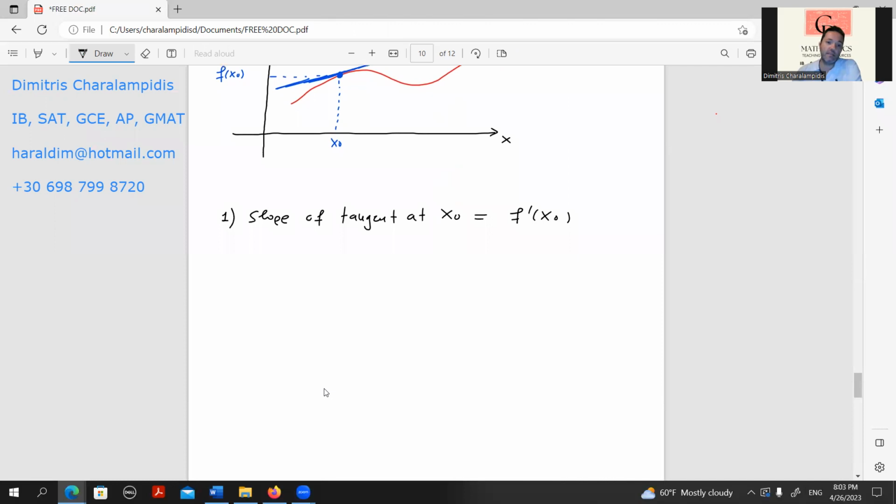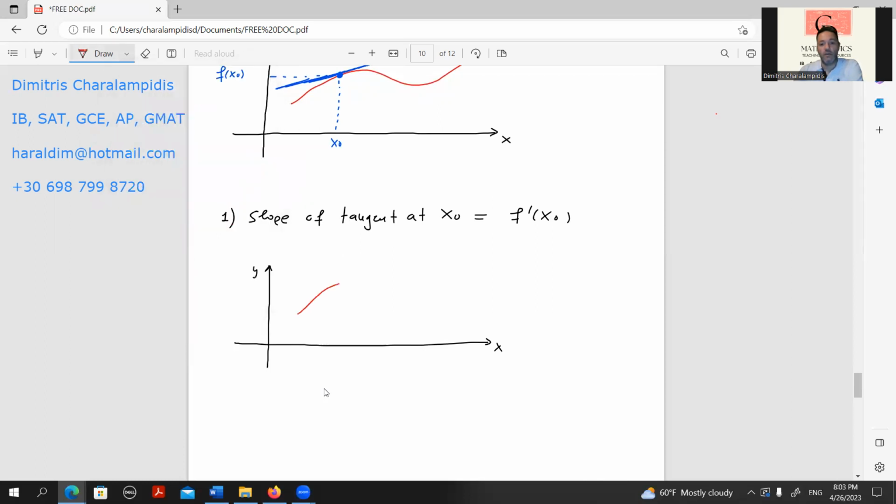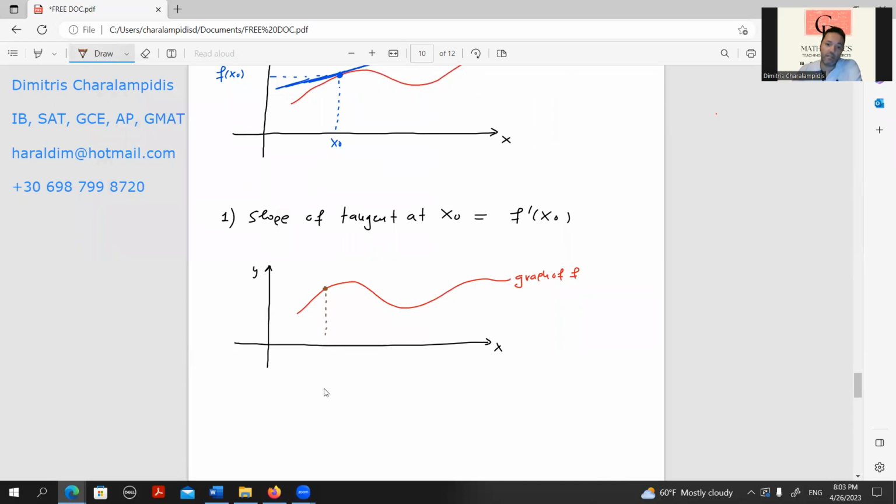Let's visualize this to understand it even better. Again, this could be x and the y-axis. This could be a graph of f. And let me use now different colors for different points. Assuming that this is x1, I can draw tangent at x1, but then its slope would be the value of the derivative, f derivative of x1.